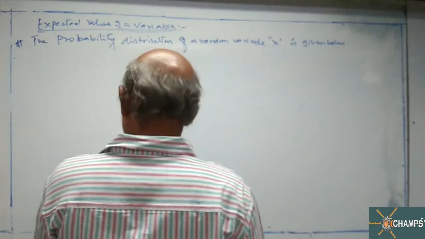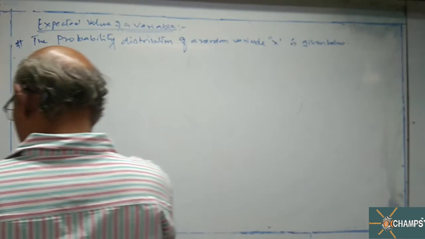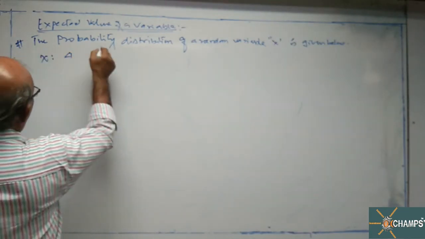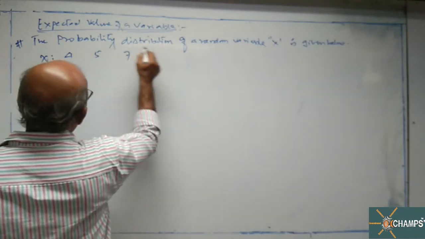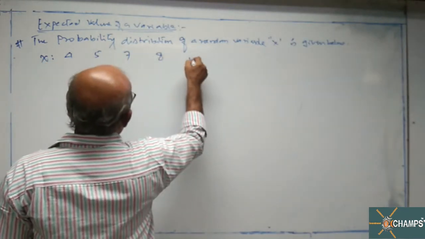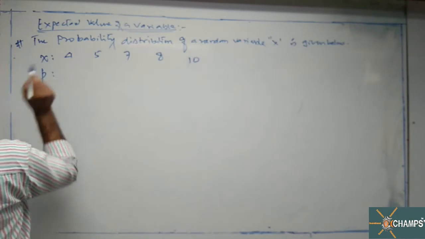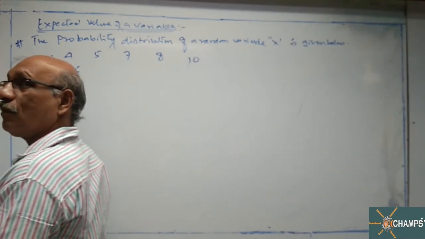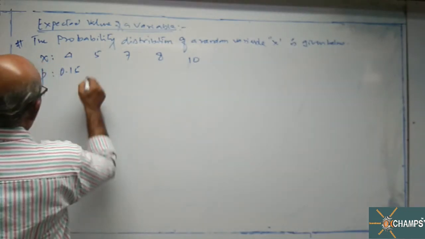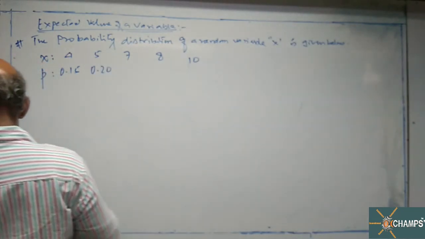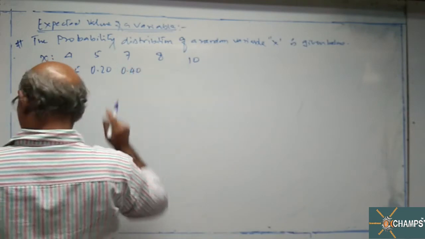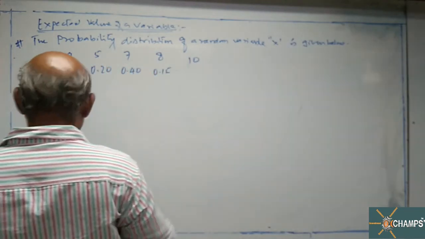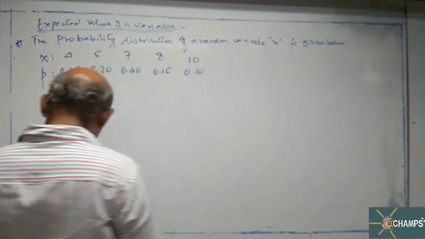The probability distribution of a random variable is as follows. X is taking the values 4, 5, 7, 8, 10, with probabilities 0.15, 0.20, 0.40, 0.15, 0.10.